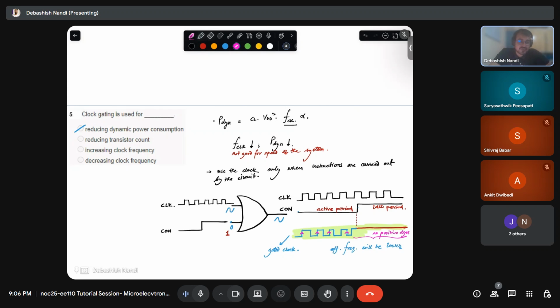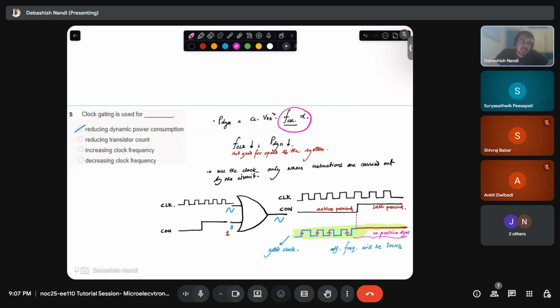So if your sequential circuit is positive edge triggered, or negative edge triggered for that matter, your gated clock will help reduce the dynamic power consumption by effectively reducing this entire term, right? You see the concept behind clock gating?